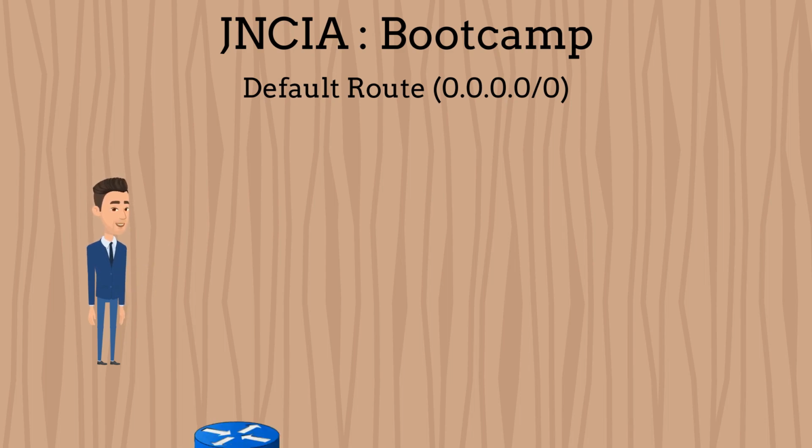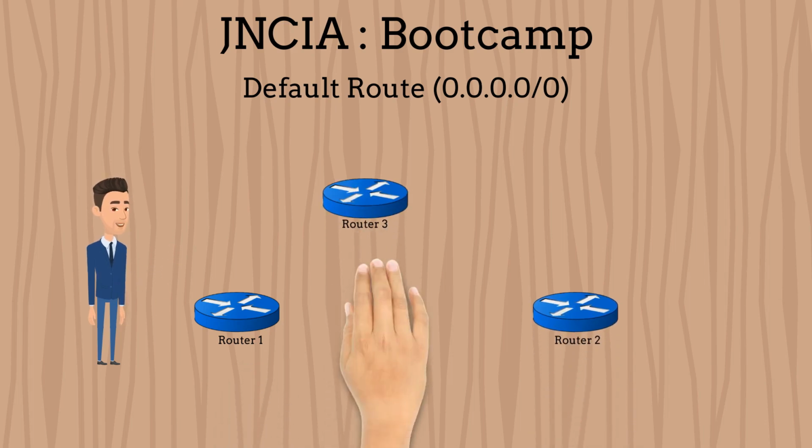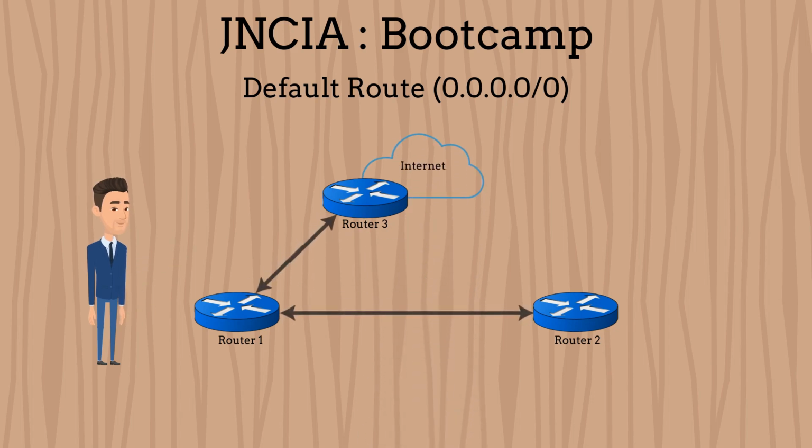We have our router 1, router 2, and now router 3 with an internet cloud that it connects to. Router 1 has two interfaces configured. One is addressed 192.168.1.1/24 and the other is addressed as 192.168.20.1/24. Router 2 has two interfaces configured.